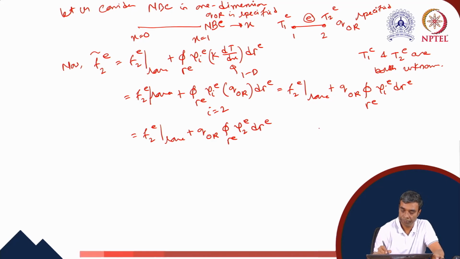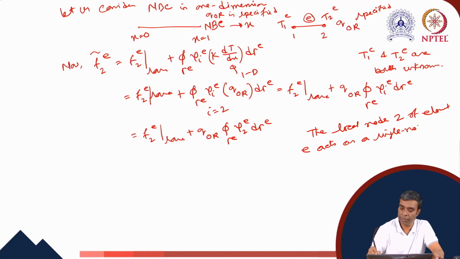Now the local node 2 of element E acts as a single-noded point element.